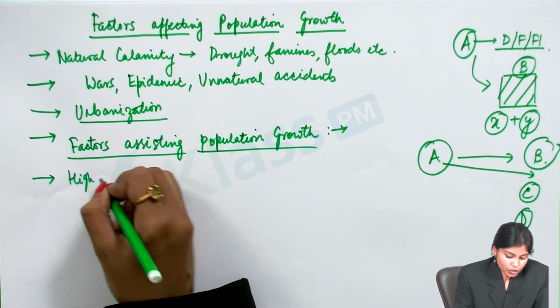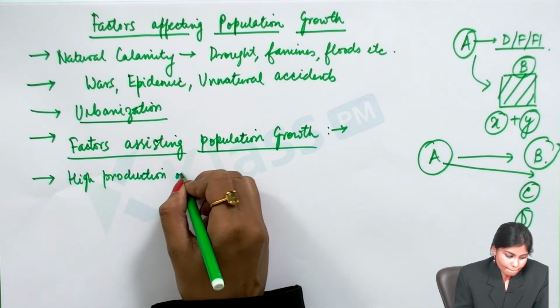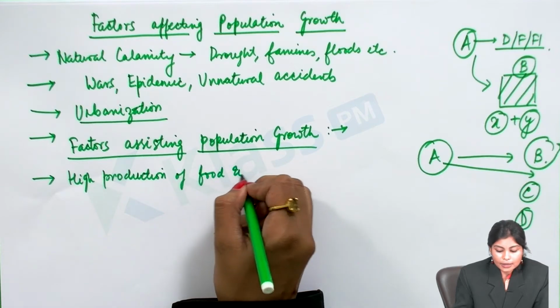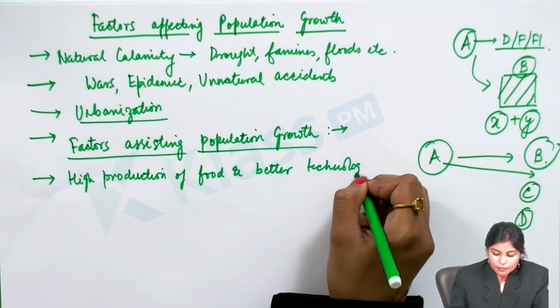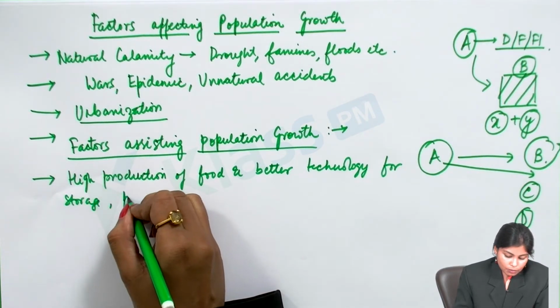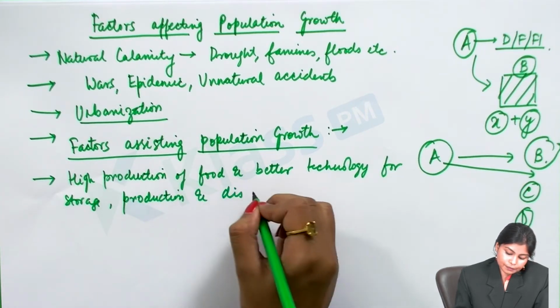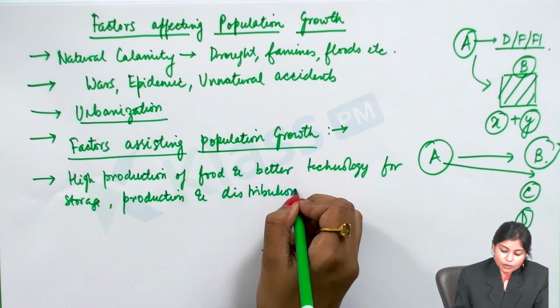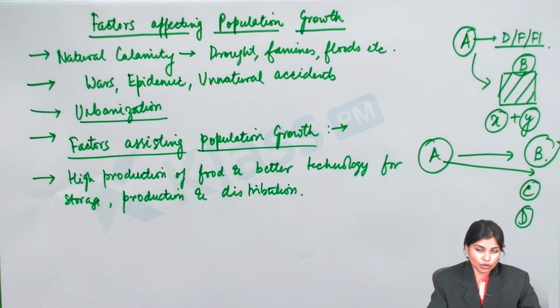First is high production of food, and better technology for storage, production and distribution. Okay. Now as you know, India is a country where agriculture is the main occupation, right?